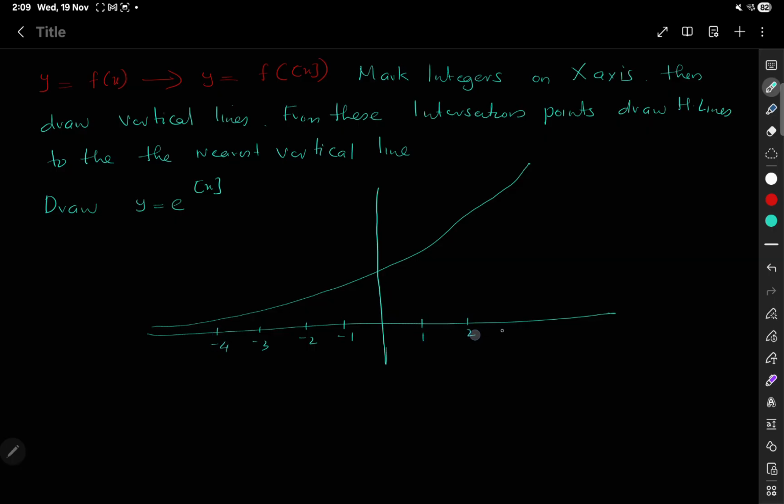Here 1, then 2, then 3, then 4. Then what to do? Draw vertical lines. So let me draw vertical lines through these.